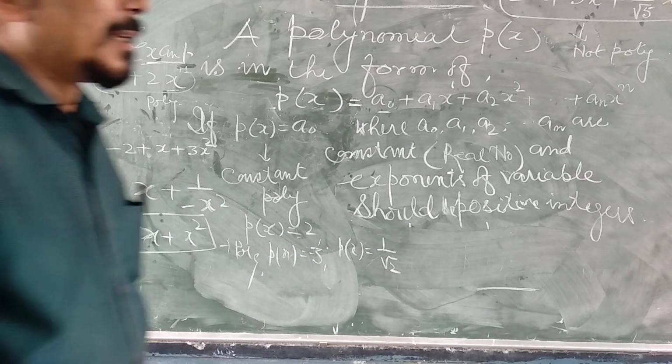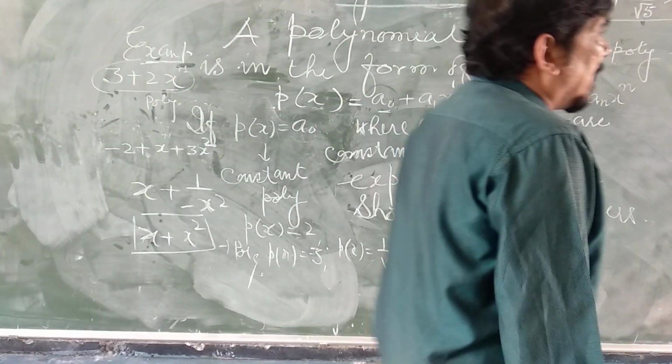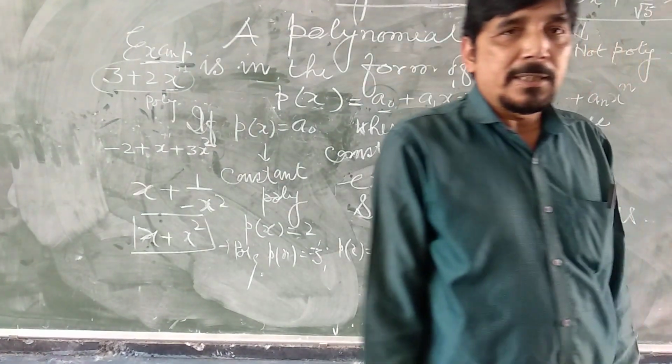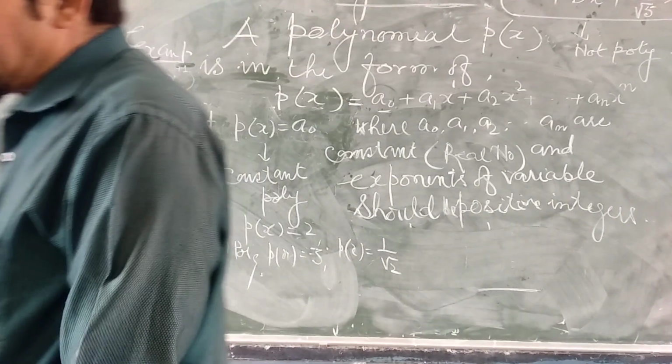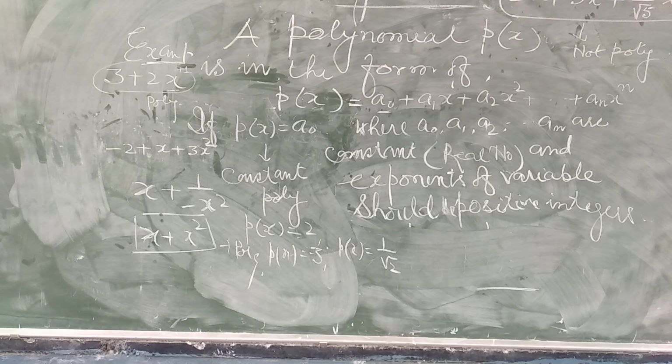But after rearranging, if any one term has a negative integer exponent, then it is not a polynomial. So, by applying these conditions, you can say whether the given expressions are polynomial or not. Okay?